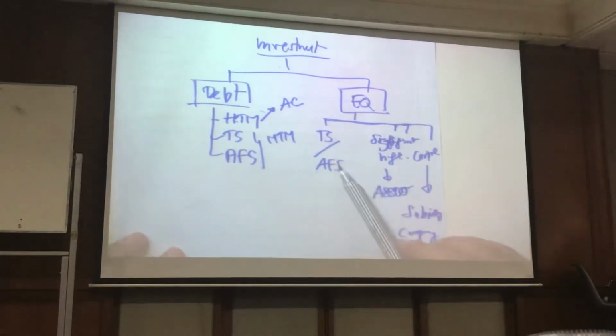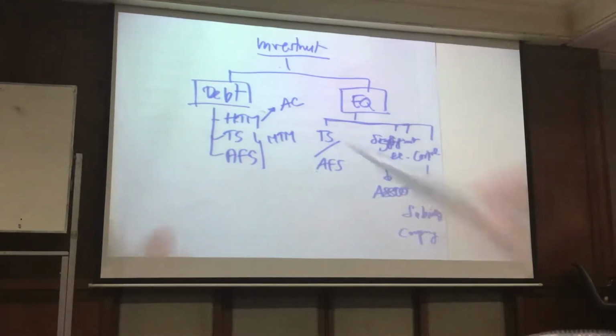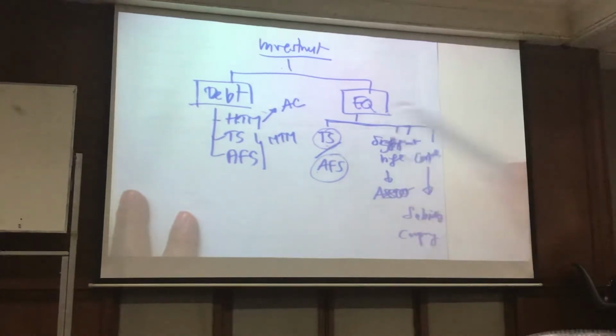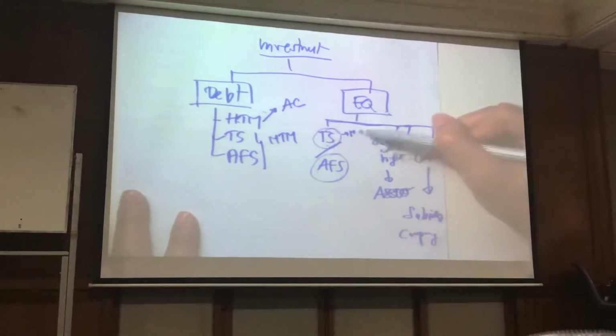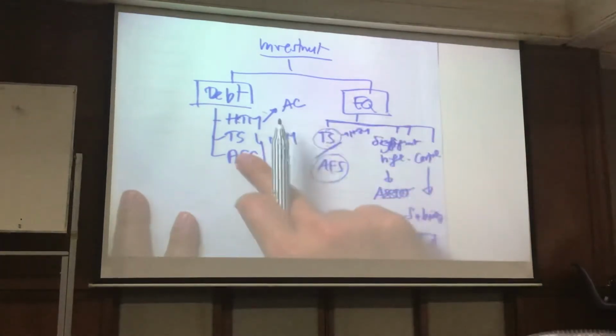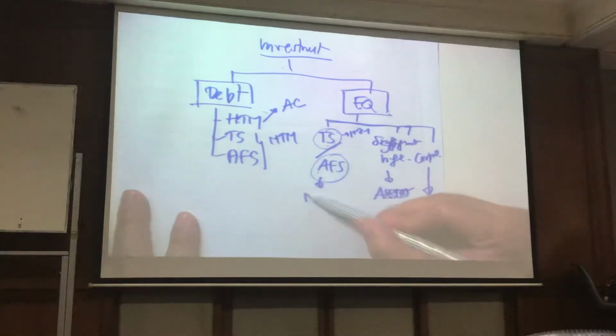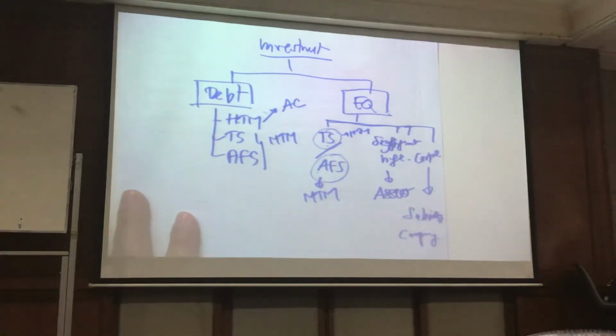Speculate or just hold it for a while? For speculated, we treat them as a trading security. You need to mark to market as well. Same thing, just like what you did for debt security. In terms of available for sales, you mark to market as well. And of course, gain or loss is reported as a part of OCI.